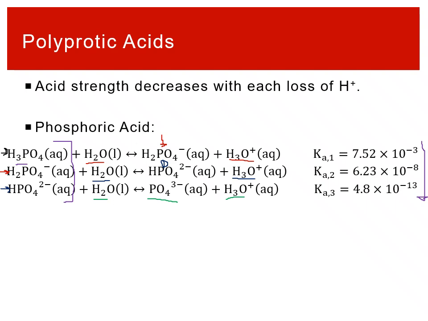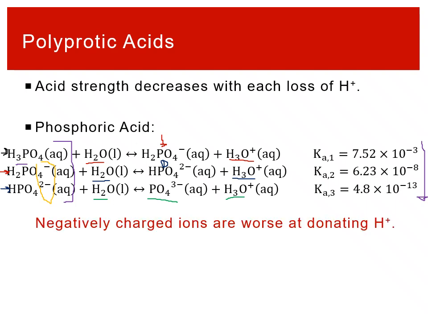So this is much weaker. The way we can understand this is you're trying to take an H plus away from an anion. These conjugates are negatively charged, and they become more and more negatively charged, so they are worse at donating an H plus. You're having to remove positive charge away from an anion. You also create highly charged anions.